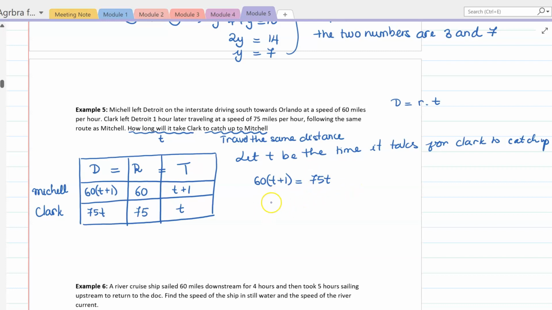And so we can solve for t here, and this is one equation with one unknown and not a system. So it takes 4 hours for Clark to catch up.